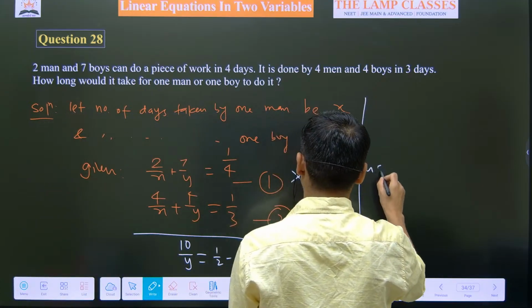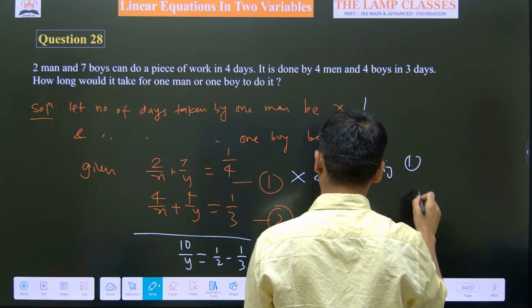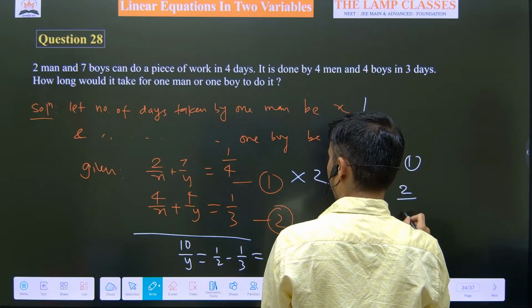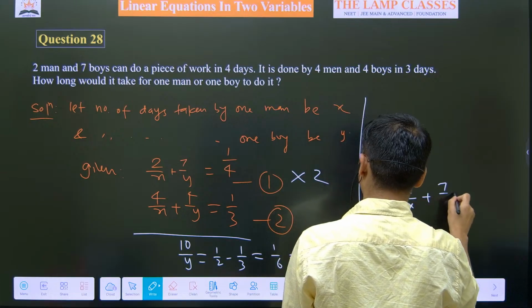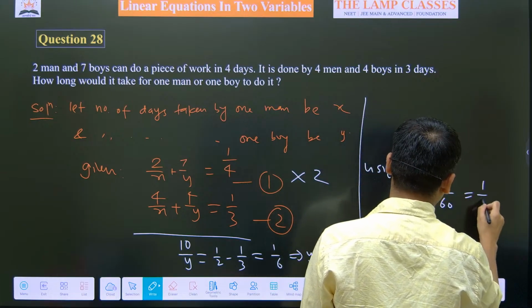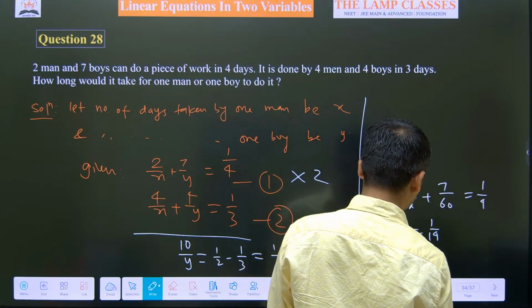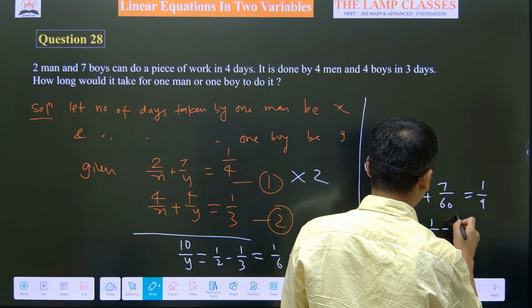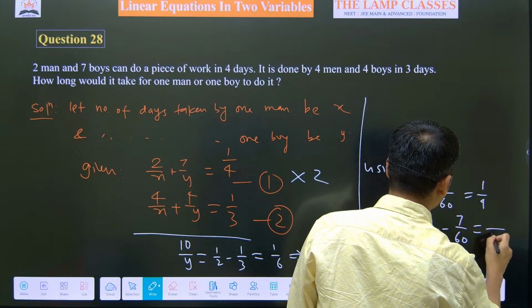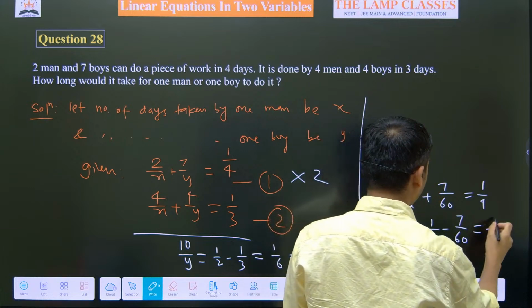And using the first equation, 2 upon x plus 7 upon 60 is equal to 1 upon 4. We can find x from here. 1 upon 4 minus 7 upon 60, 60 is the LCM.